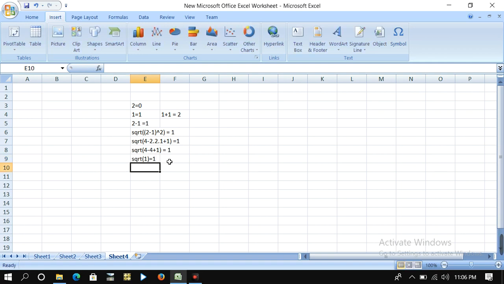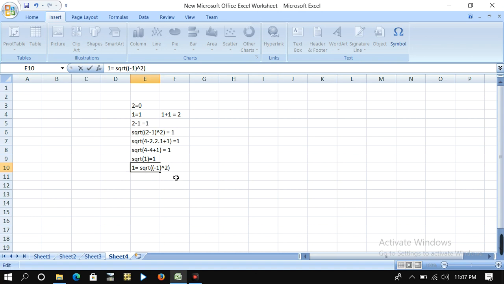Again we can keep doing. If the square root of 1 is equal to 1, what I will show you next is that 1 is equal to the square root of minus 1 squared, so I can put this equation in place of the number 1.